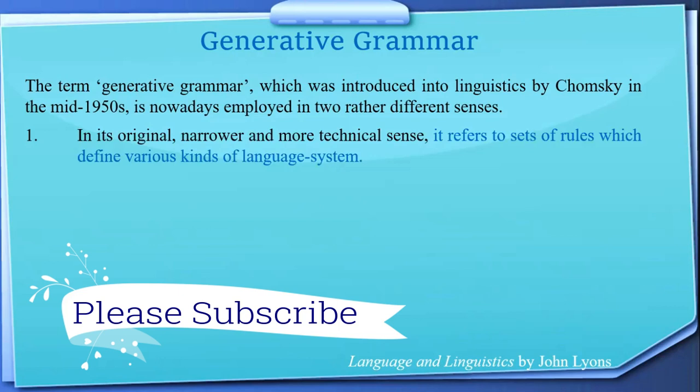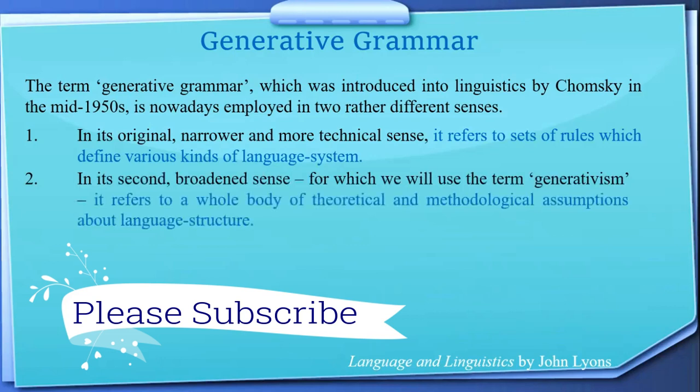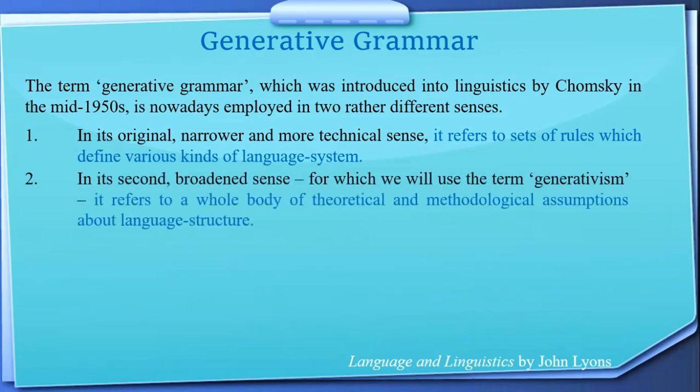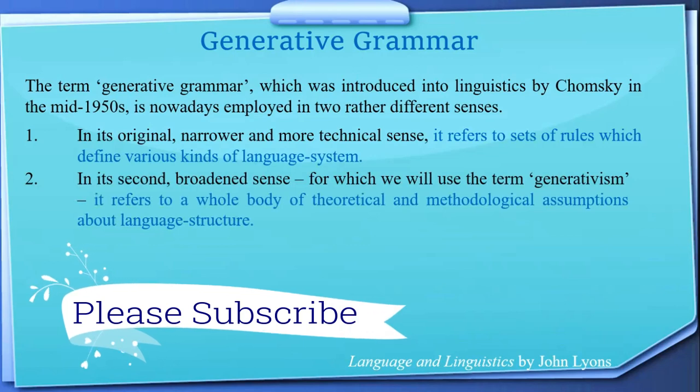So number one is the rules of a language which define the language system. And number two, in its second, broadened sense, for which we will use the term generativism, it refers to a whole body of theoretical and methodological assumptions about language structure.